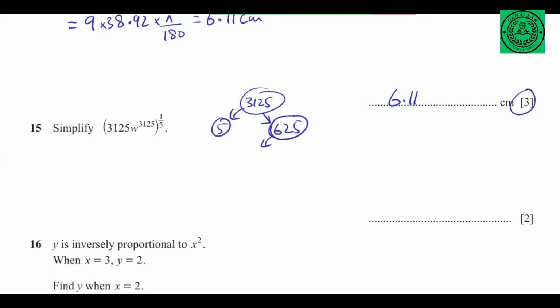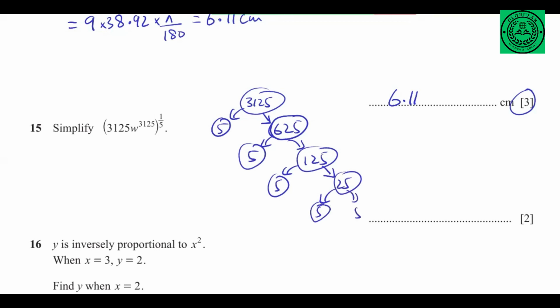So how many 5s did we get? 1, 2, 3, 4, and 5. So it means that we can write 3125 as 5 power 5.